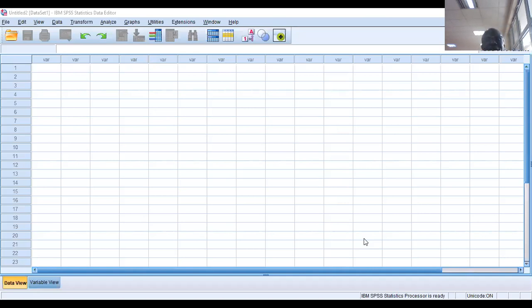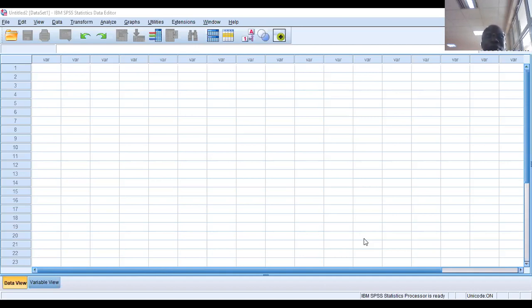Looks like Excel. These days, the latest versions of SPSS are Excel. You know, in the older days, they were not compatible. They were all spreadsheet-like. But the current versions of SPSS are nothing but Excel worksheets.